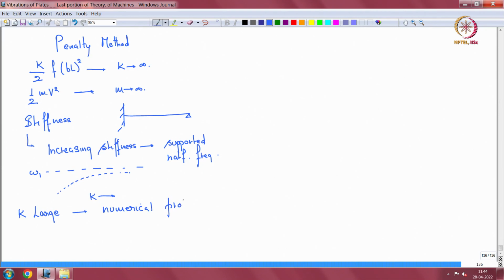And the other thing is k requires to be larger for higher modes. So that is a further numerical problem.